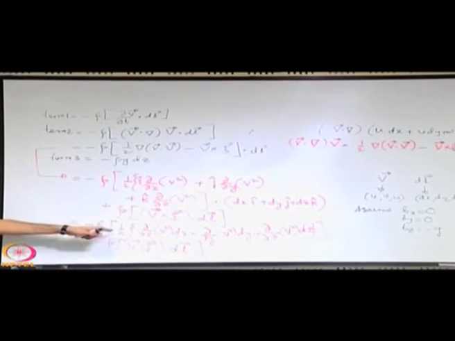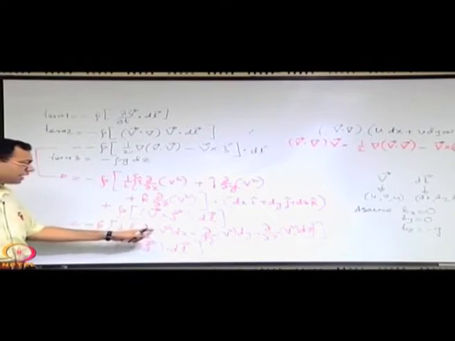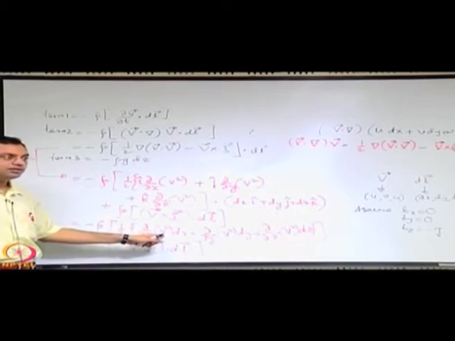You can clearly see that the first term of the term 2 will become d dx of V square.